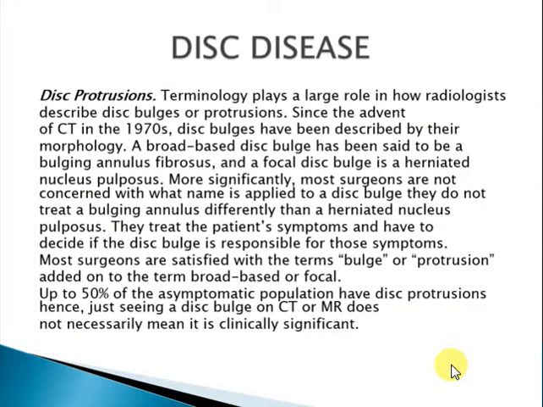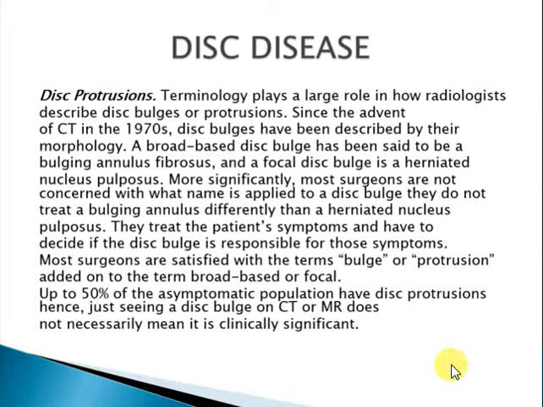So, regarding the disc protrusions, till now there is no international agreement on the nomenclature of the different disc protrusions. Disc bulges have been described by their morphology. For example, a broad-based disc bulge is said to be a bulging annulus fibrosus, while a focal disc bulge is a herniated nucleus pulposus.